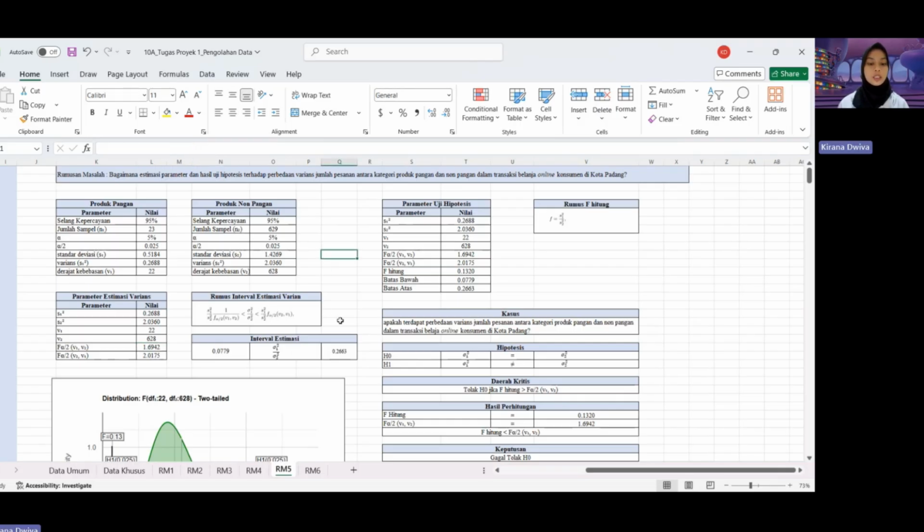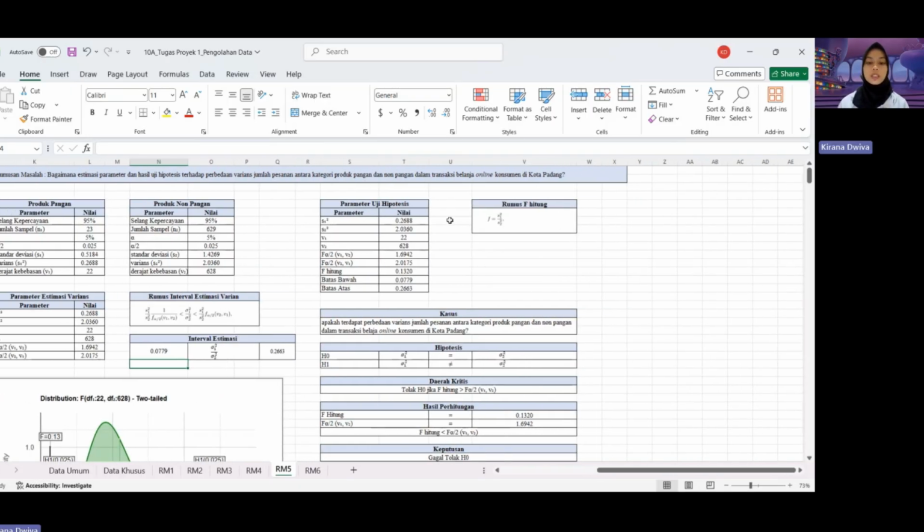Then we obtain the estimation interval with the formula S1 square per S2 square times 1 per F alpha per 2 V1 V2 less than sigma square 1 per sigma square 2 less than S1 square per S2 square times F alpha per 2 V2 V1. Then we got the lower limit and the upper limit of the interval.